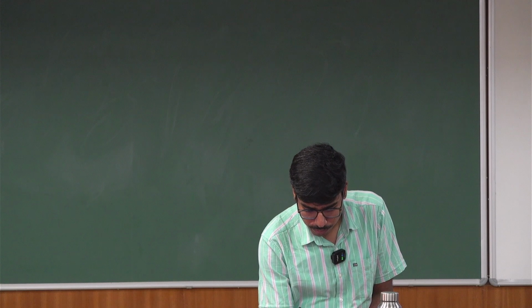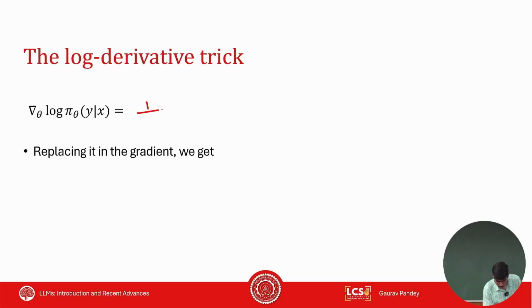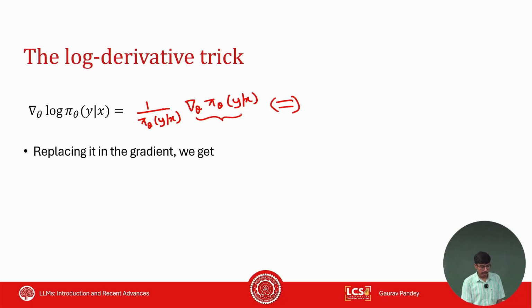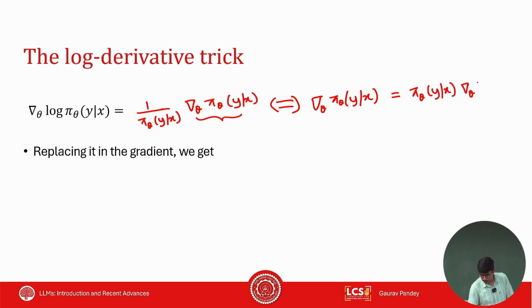Yeah, so 1 by pi theta, which means that this quantity can be written as gradient theta pi theta of y given x is equal to pi theta times the gradient of log.